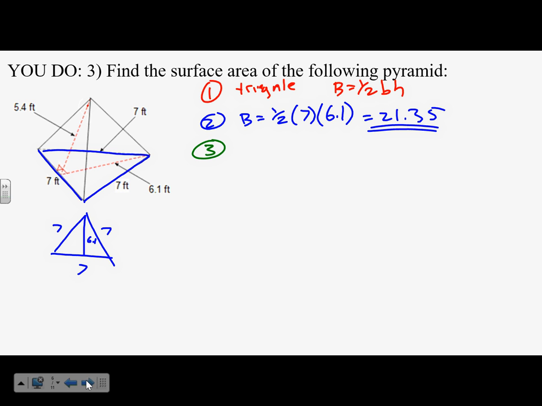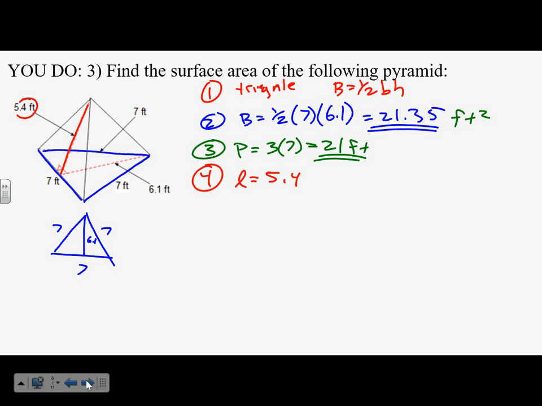Then the perimeter, well, you could just add the sides together, but all the sides are the same, so it's going to be, there's 3 sides, they're each 7. Whichever way you want to do it is fine. Step 4, then, we need to know what the slant height is. Again, they give it to us for this one, so that's really nice. That's that 5.4 here.